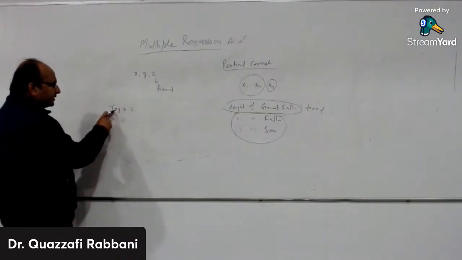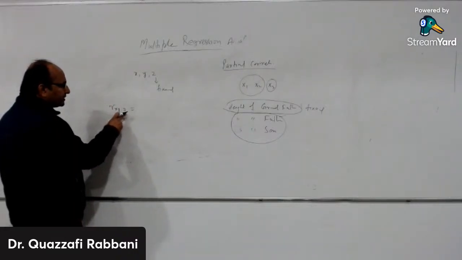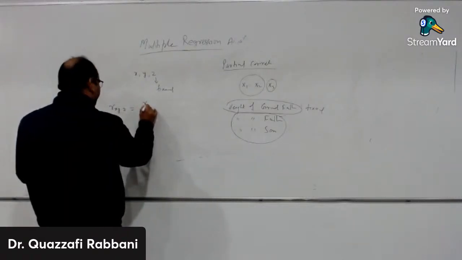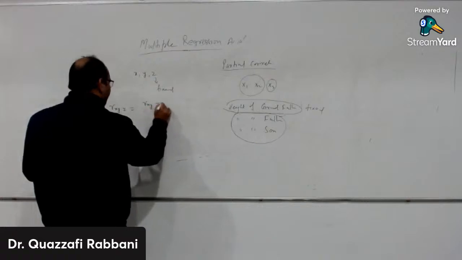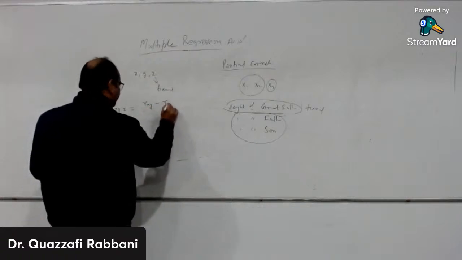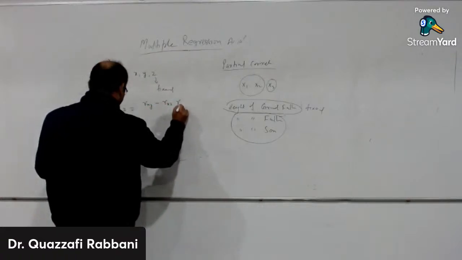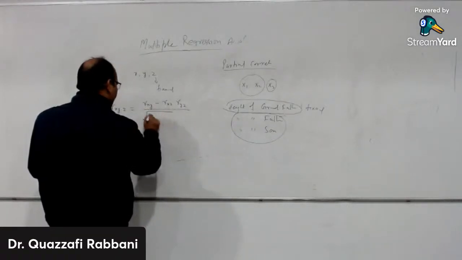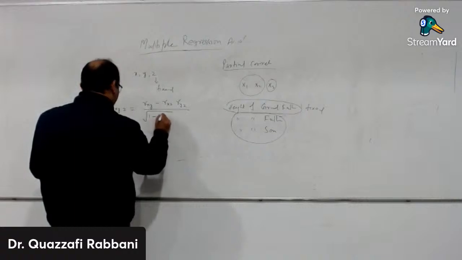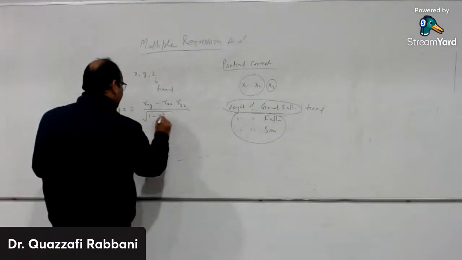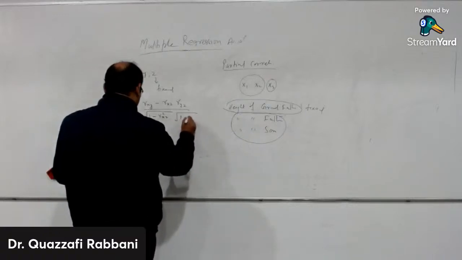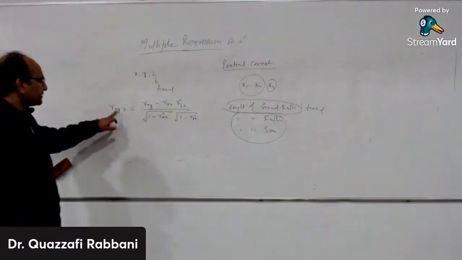So this is written r x y dot z, and this is the equation: correlation between x and y minus correlation between x z times correlation between y z, divided by the square root of 1 minus r square xz and 1 minus r square yz. So just see x y dot z.